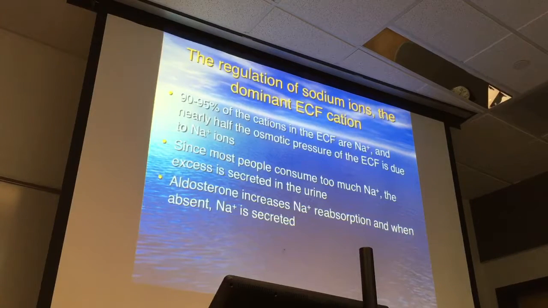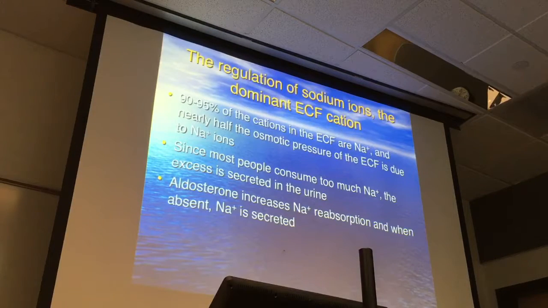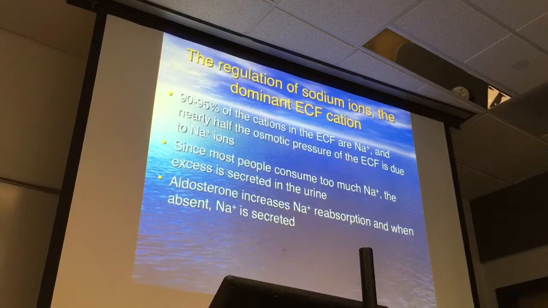90 to 95% of all the cations are sodium. 90 to 95% of all the anions are chloride. Each one accounts for nearly half of the ion concentration that produces the osmotic pressures we see in various compartments. Okay?